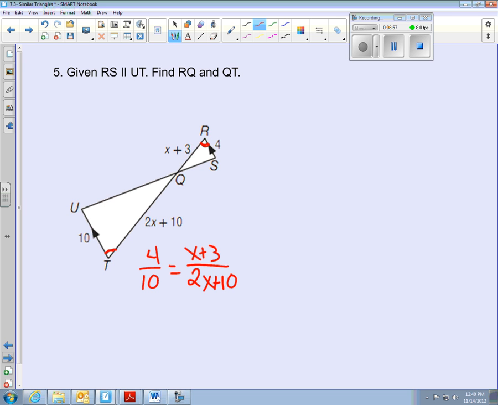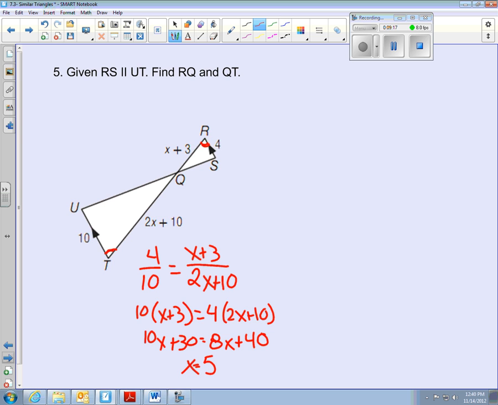If we do some cross multiplication, we get 10 times x plus 3 is equal to 4 times 2x plus 10. Distribute that: 10x plus 30 equals 8x plus 40. We move some terms around and we get x equals 5.